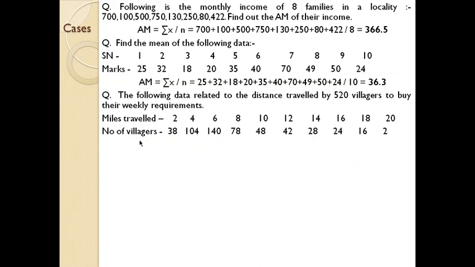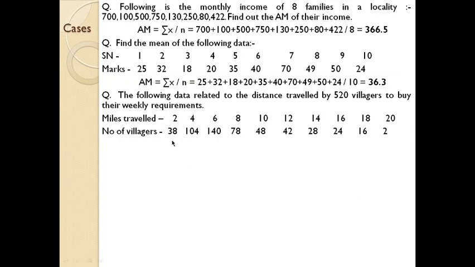If you go through the question, you can see that details of the number of villagers are given, and the distance traveled by those villagers is given. So whether it is an individual series or a discrete series is the main issue regarding computation of averages. The method and computations are all easy. The issue is which method has to be followed.